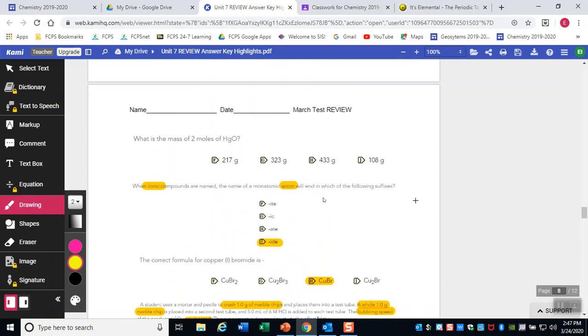All right. So what is the mass of 2 moles of mercury oxide? So if I want the mass, I'm always going to look at the periodic table of elements.